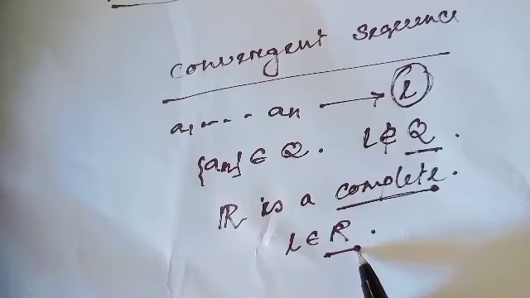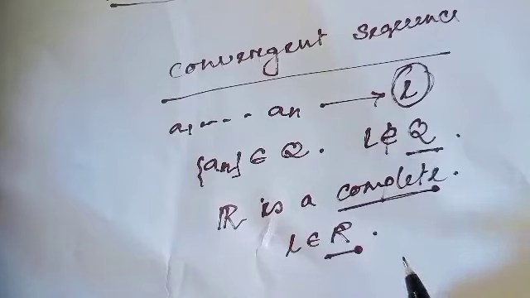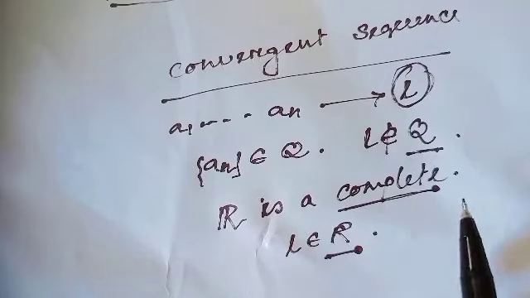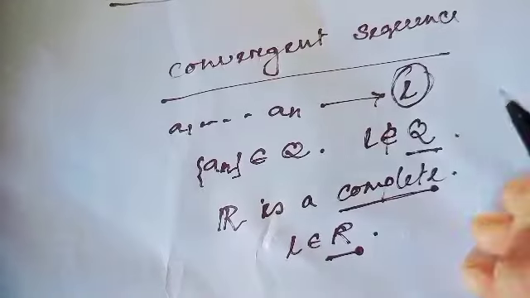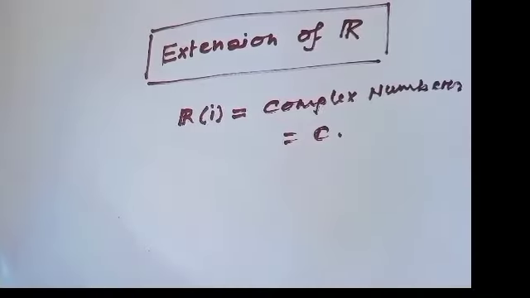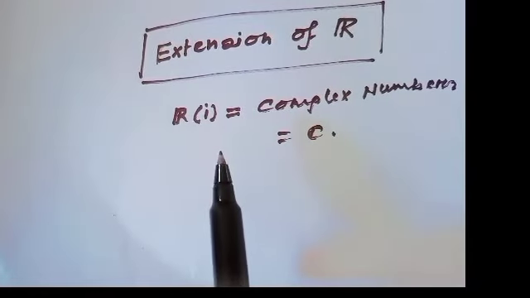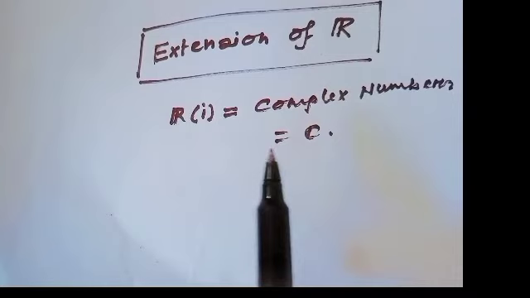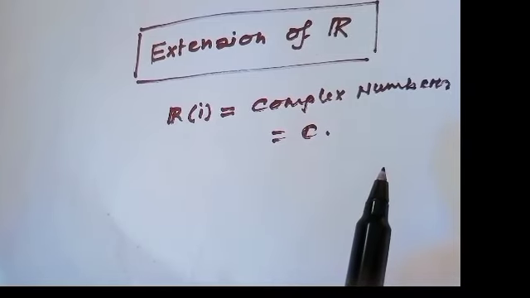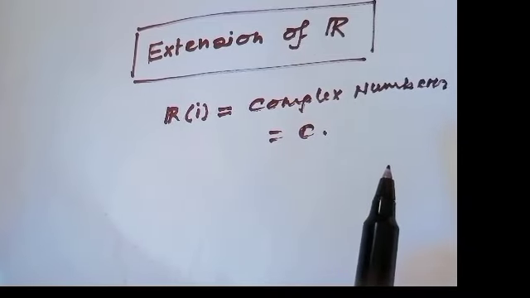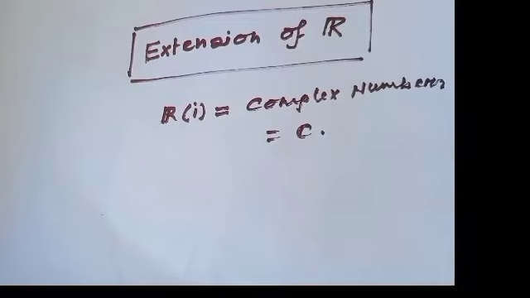So this is an extension field of the rational numbers. My question: what is the extension of the real numbers? If we consider R(i), then obviously this is the complex numbers, so this is an extension of the real numbers.